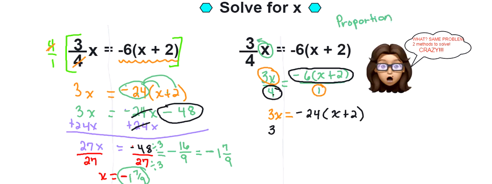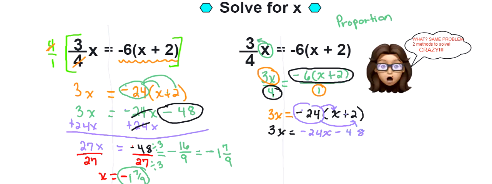Now let's go on and distribute that -24 all the way through. So I got 3x equals, I'm going to take the -24 and I'm going to times it by x, which is -24x. And then I'm going to times it by a +2. A negative times a positive is a negative. 24 times 2 is 48.